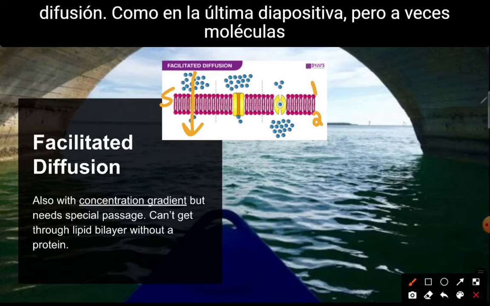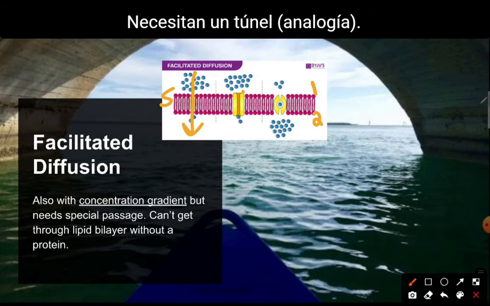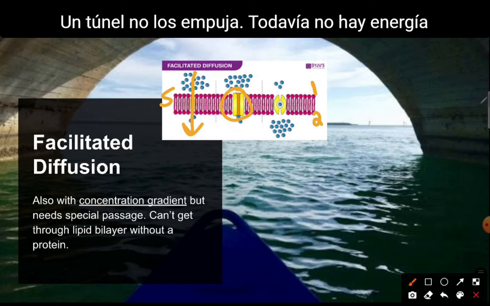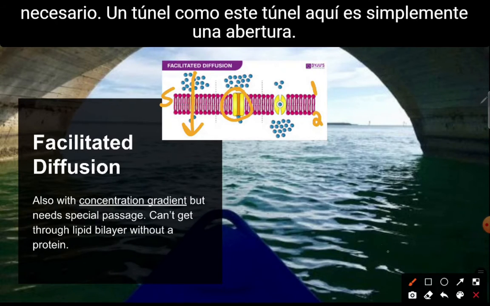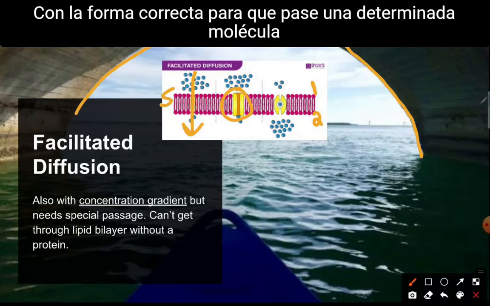But sometimes molecules are too big, and they need assistance. They need a tunnel. A tunnel does not push them through. There is still no energy required. A tunnel, like this tunnel here, is simply an opening with the correct shape for a certain molecule to pass through.